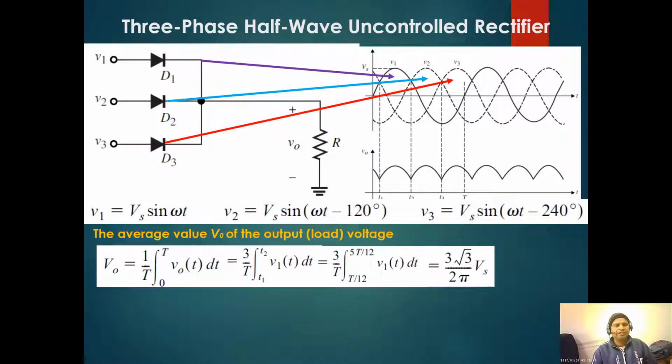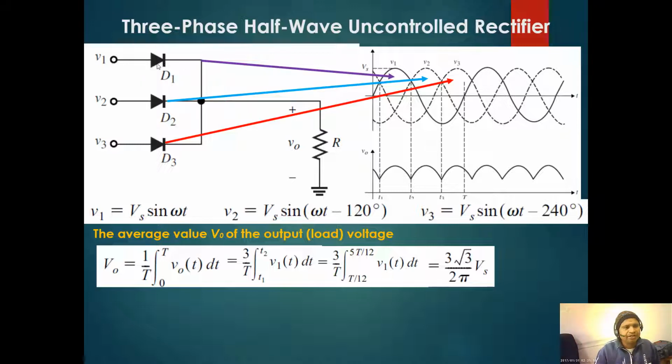Similarly, we will see a three-phase half control rectifier. So we are having D1, D2, D3. This is also a common cathode configuration, and we have V1 which is Vs sin omega t, V2 is Vs sin (omega t minus 120), V3 is Vs sin (omega t minus 240).